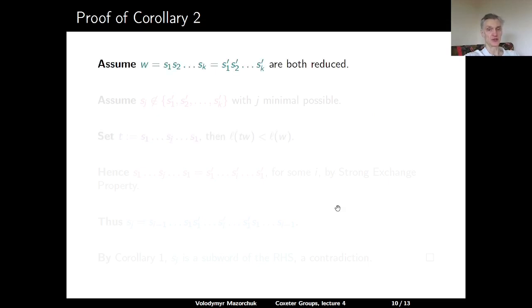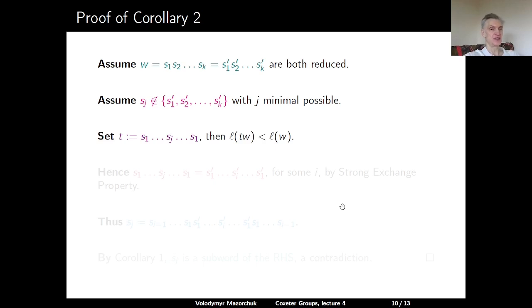Assume that we have two reduced expressions, s1, s2, and so on up to sk, and s1 prime, s2 prime, and so on up to sk prime. Assume that sj is a letter in the first reduced expression and it does not appear in the second reduced expression. And assume that j is minimal possible.